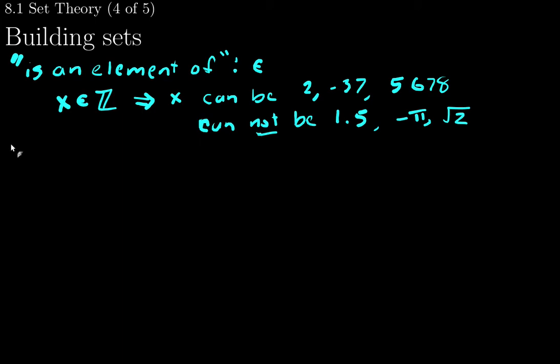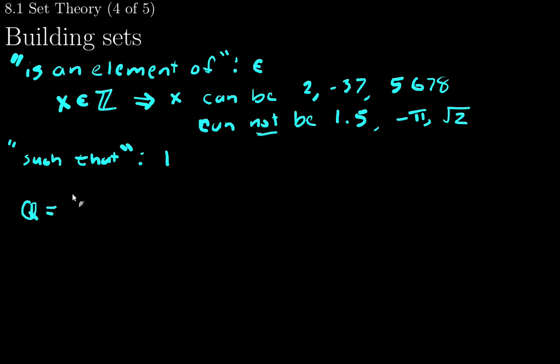We also have the useful term "such that." And that's written with a little vertical line. Now the best way to explain this one is through a full example. So let's consider the rational numbers again. So we have our Q for quotient.